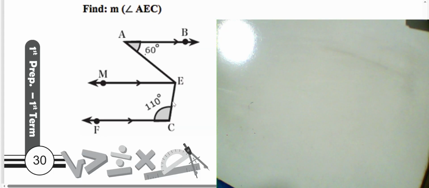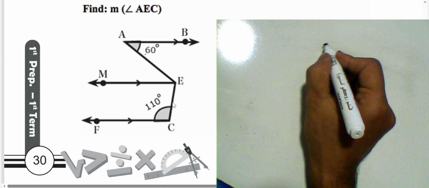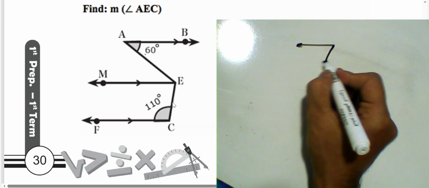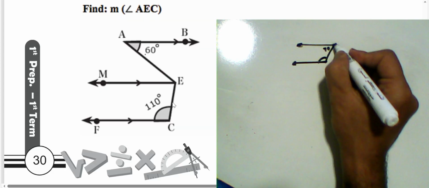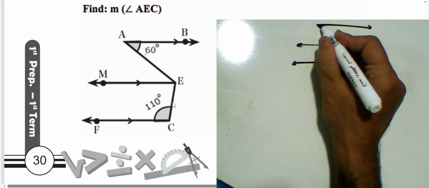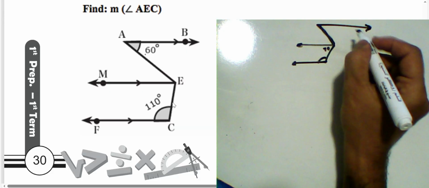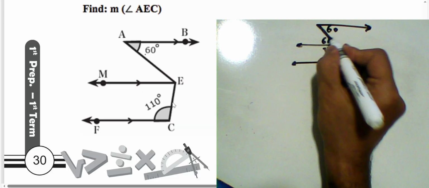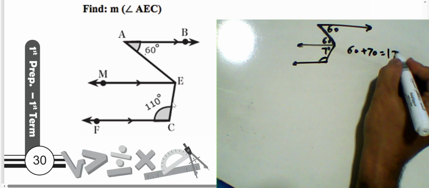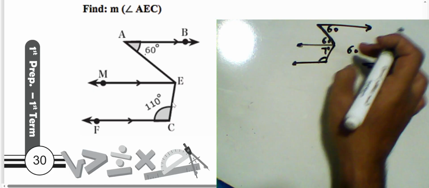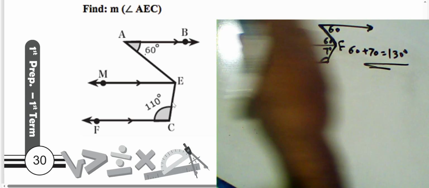We call it supplementary angles. They are on the same side of the transversal EC. Like this is 110, it will be 70 degrees. And this side here, up, is parallel. This 60 will be 60. 60 plus 70 equals 130 degrees, the measure of angle E.